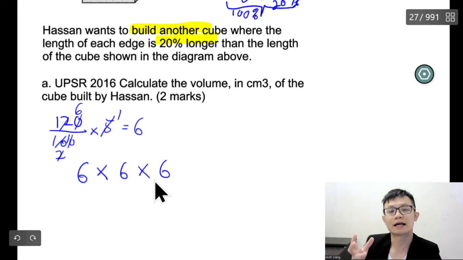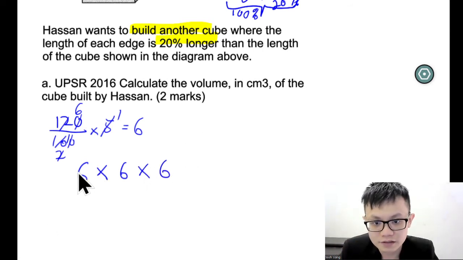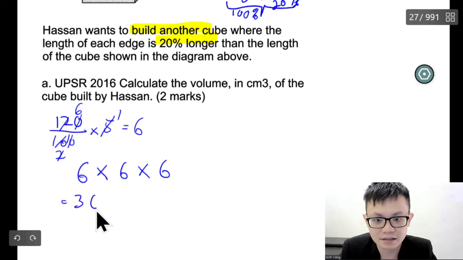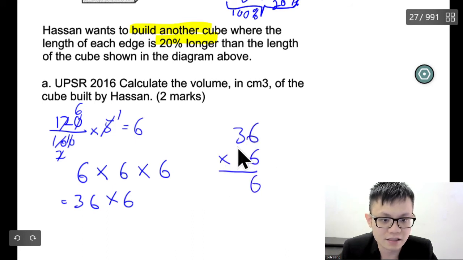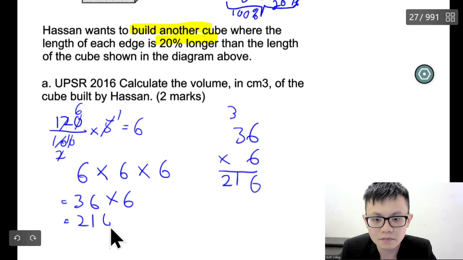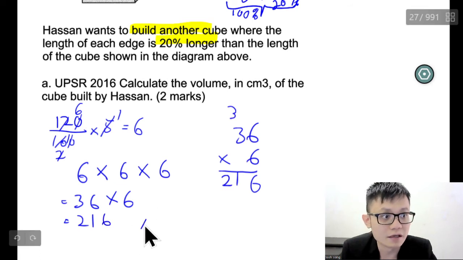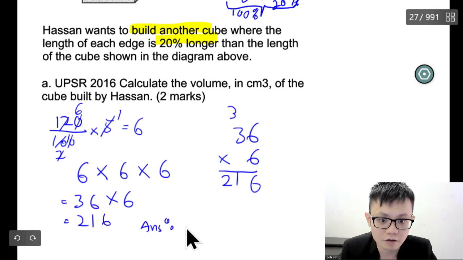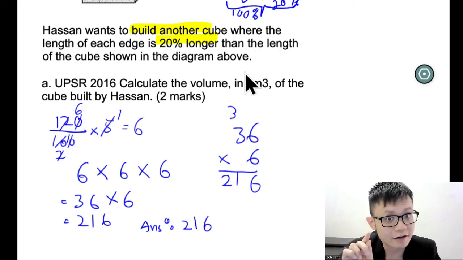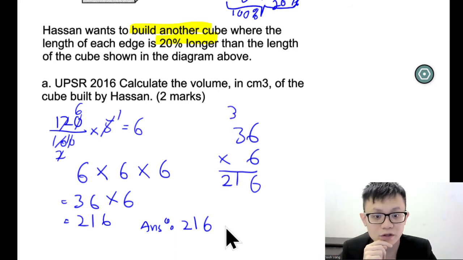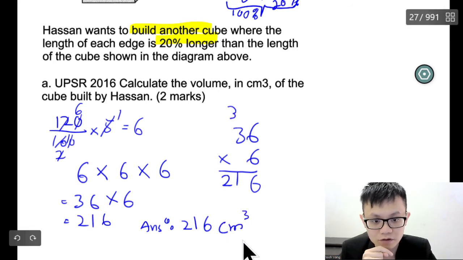Because we want to get the volume. 6 times 6 is 36, times 6 is 216. So the answer will be 216. Look at the unit. The unit for the diagram that we do is cm. So cm cube. So this is the answer.